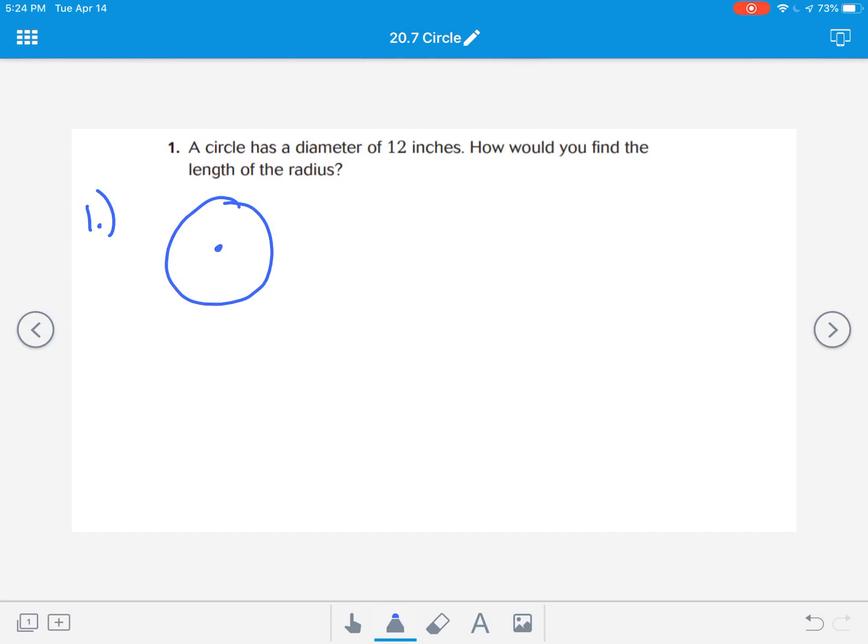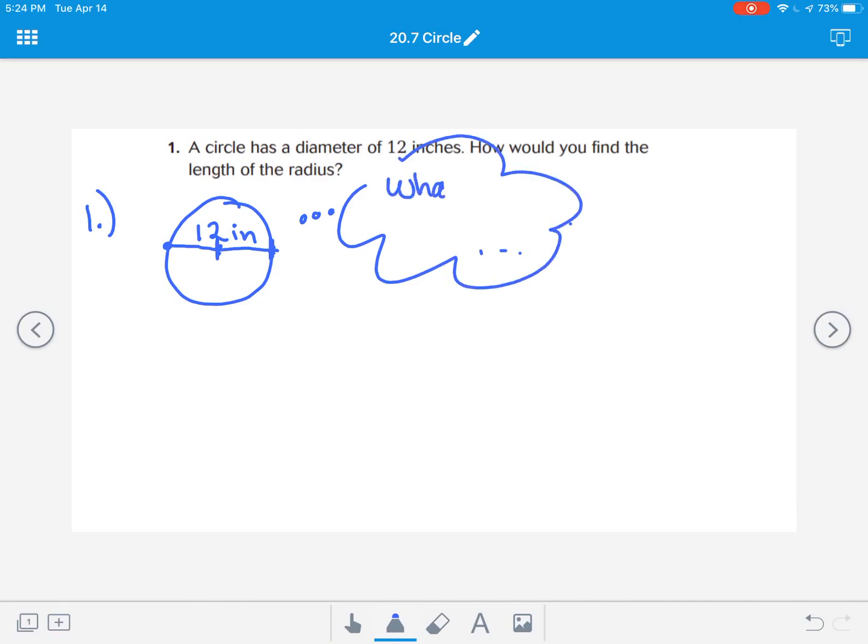The diameter is the line, the chord that goes all the way across at the center from one end to the other. And this whole piece here would be 12 inches across. So the radius would be half of that. It would be from the center to the outside. So for this question, we need to think, what is half of 12?